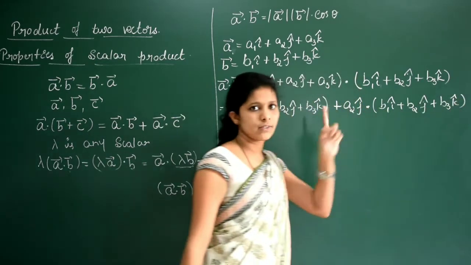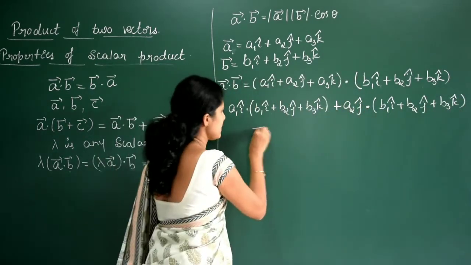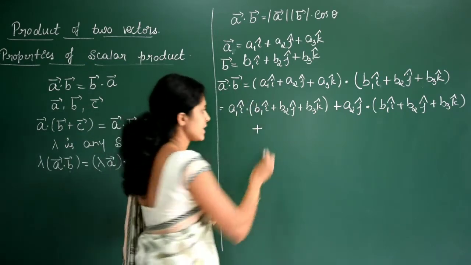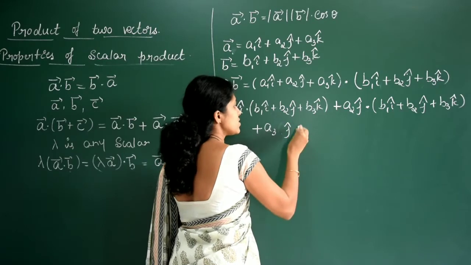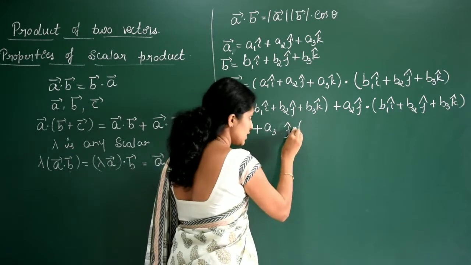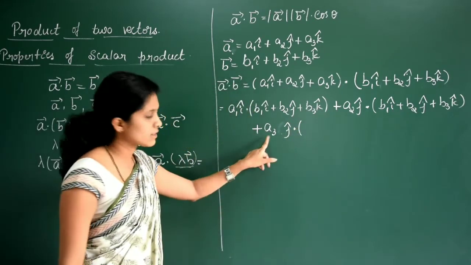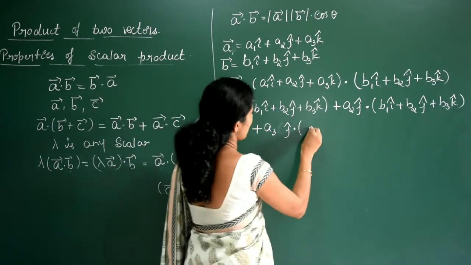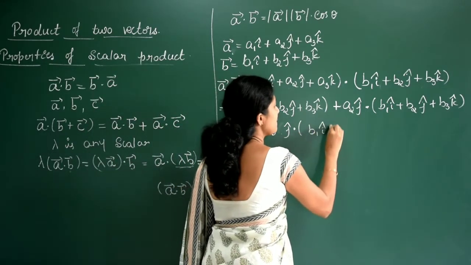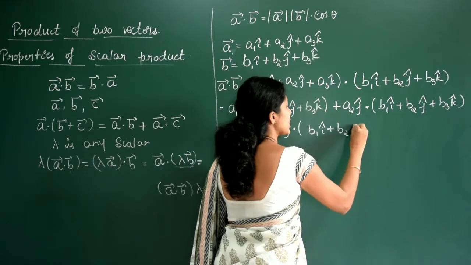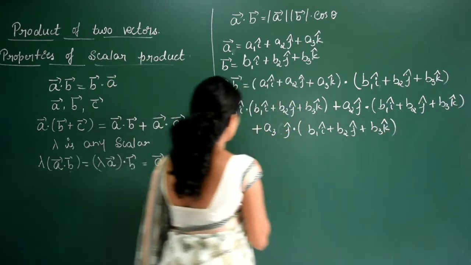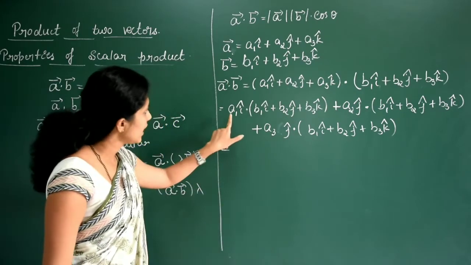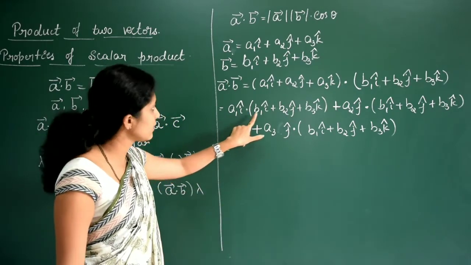See here, these dots are very important, write it properly. The next one is A3 k cap, dot product with B1 i cap plus B2 j cap plus B3 k cap. Now we need to multiply this. See here, A1 i cap dot B1 i cap.